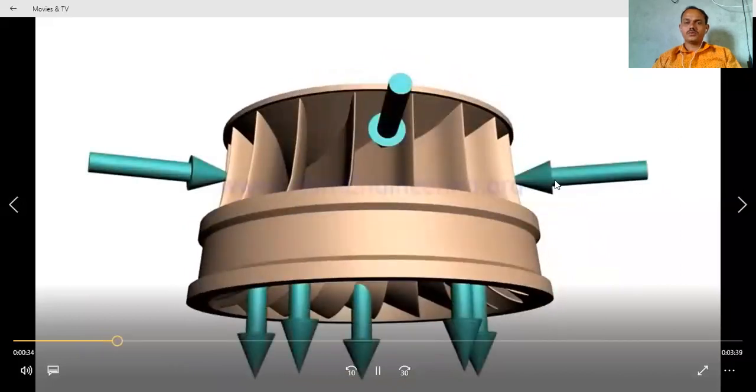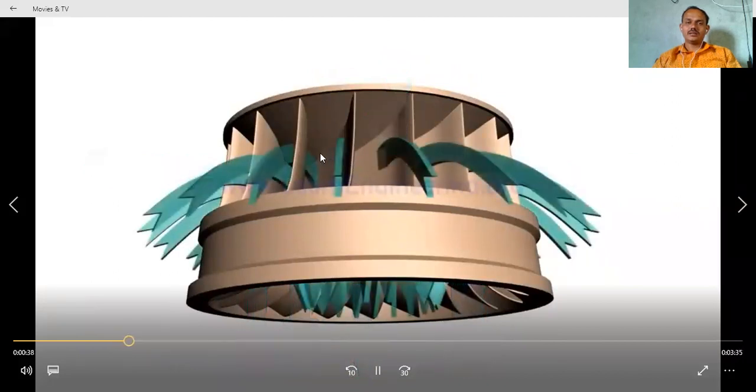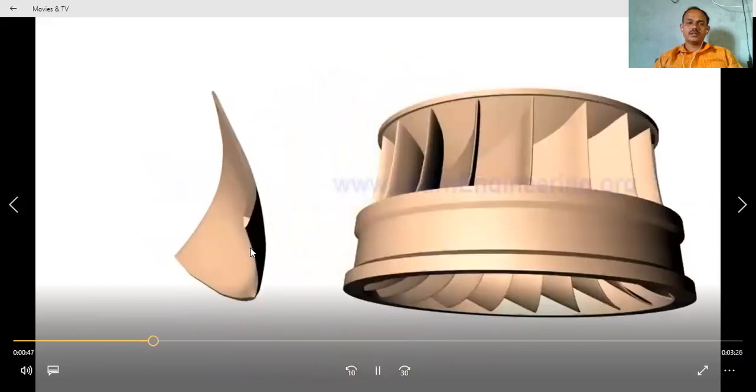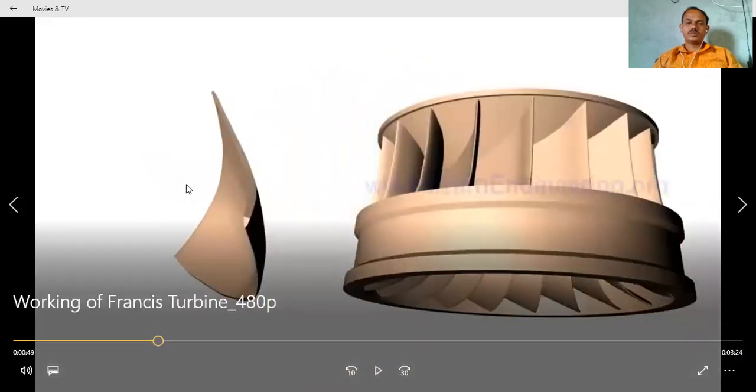So the water from the guide vanes enters radially inside the turbine and leaves axially. मधोमध्य खाली पडतं. So this one is one vane taken out. So this is one vane which is taken out, and water will flow here.